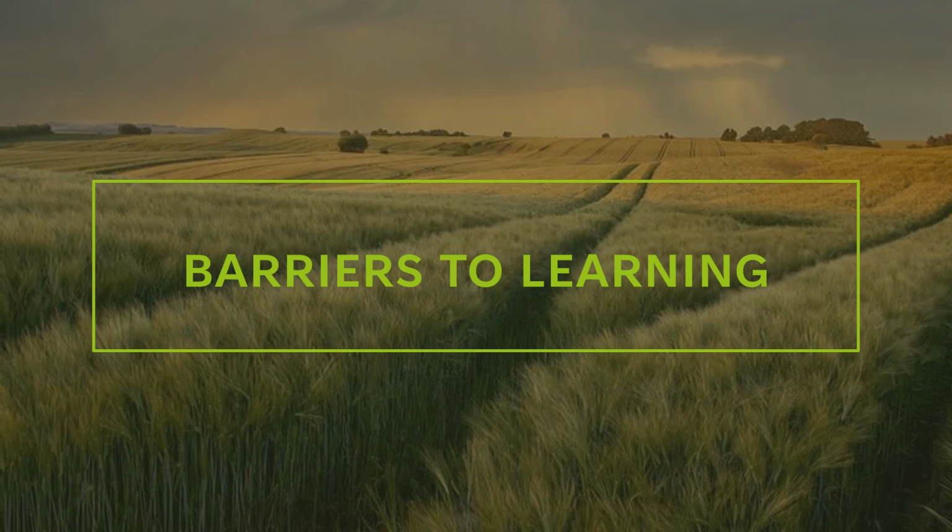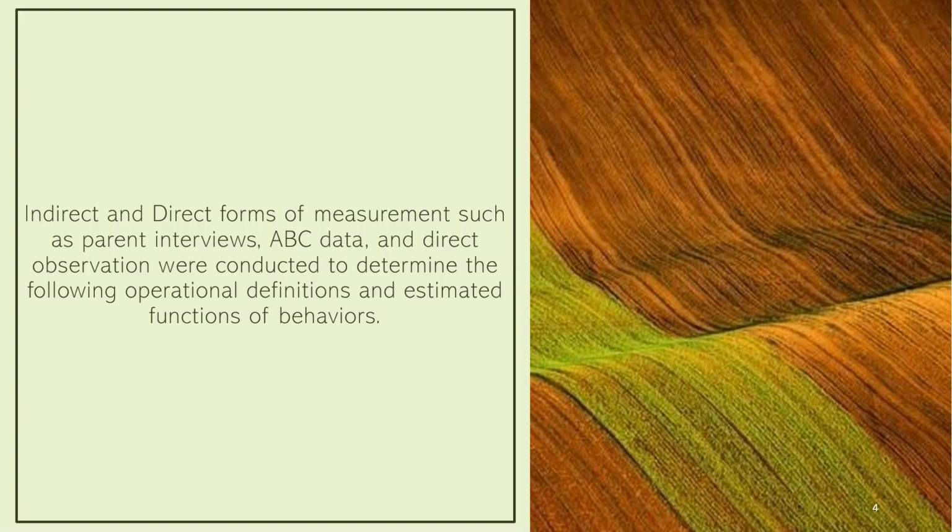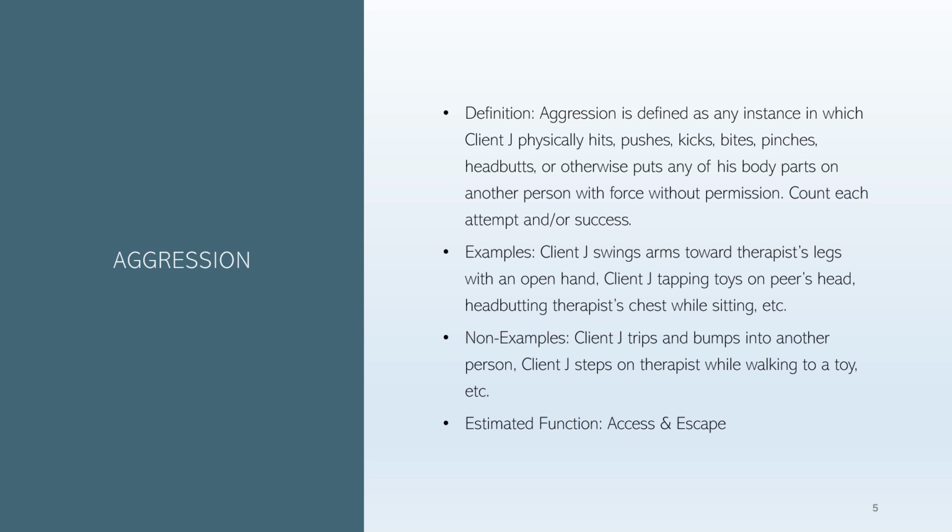First, we'll focus on his barriers to learning. We've used both indirect and direct forms of measurement, including parent and caregiver interviews, ABC data, and direct observations to determine the following operational definitions and estimated functions for the behaviors of concern. The first is aggression.